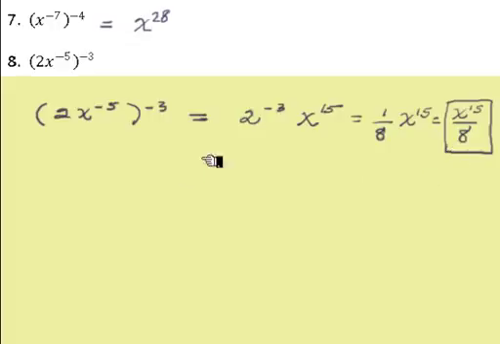But I find a lot of people make mistakes at this point, forgetting to raise 2 to the -3 or not doing that properly. So here's another way that I suggest, and this is the way I will continue doing these examples.